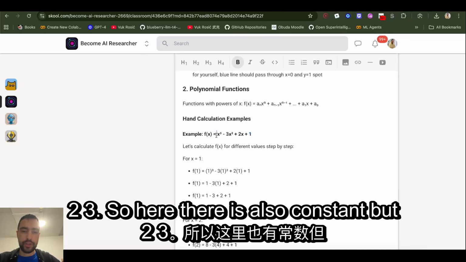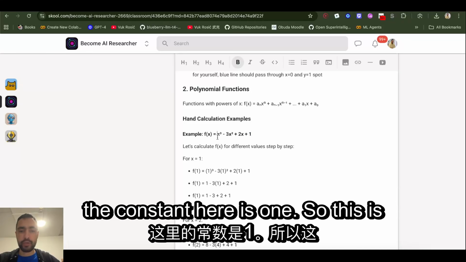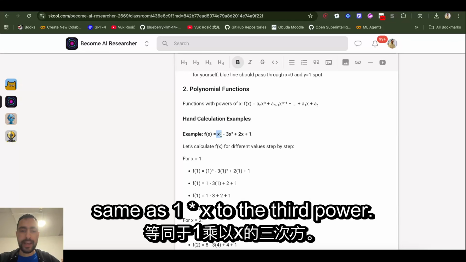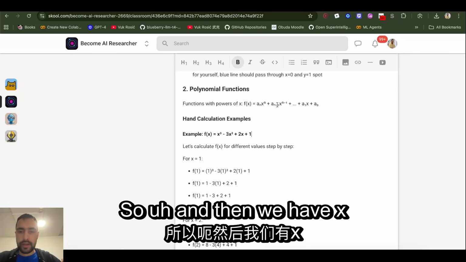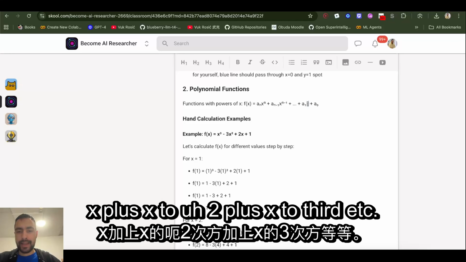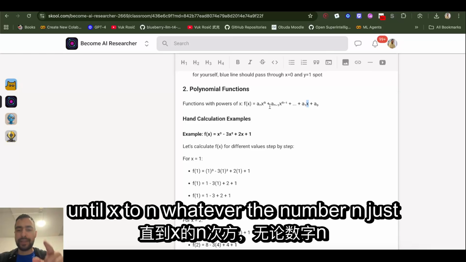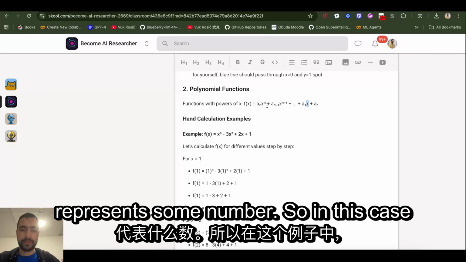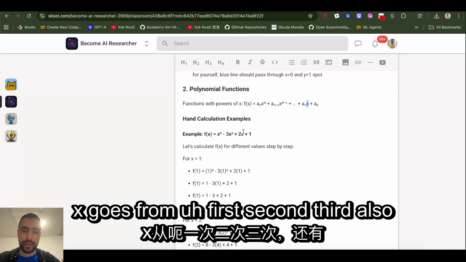Here there is also a constant, but the constant here is 1. So this is the same as 1 times x to the third power. And then we have x plus x to second plus x to third, etc., until x to n, where n just represents some number. So in this case, x goes from first, second, third.